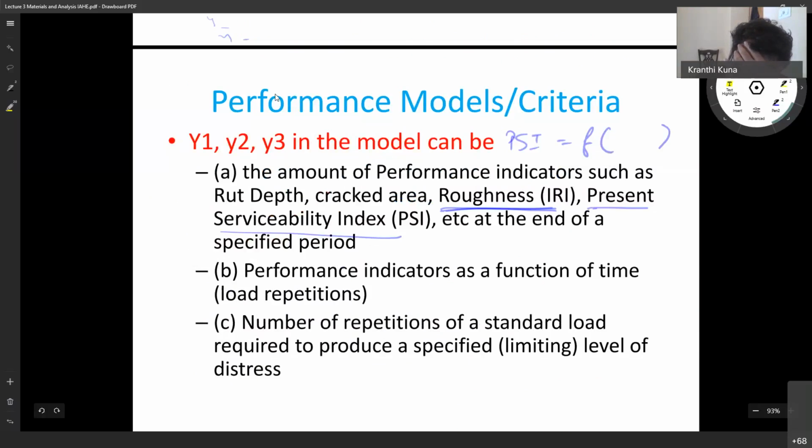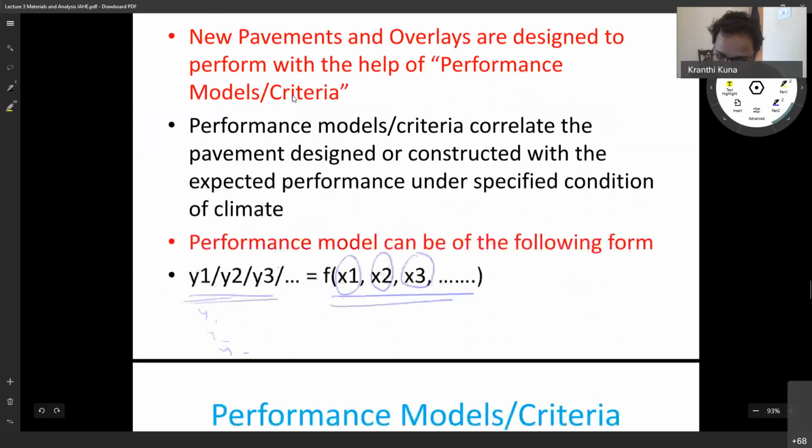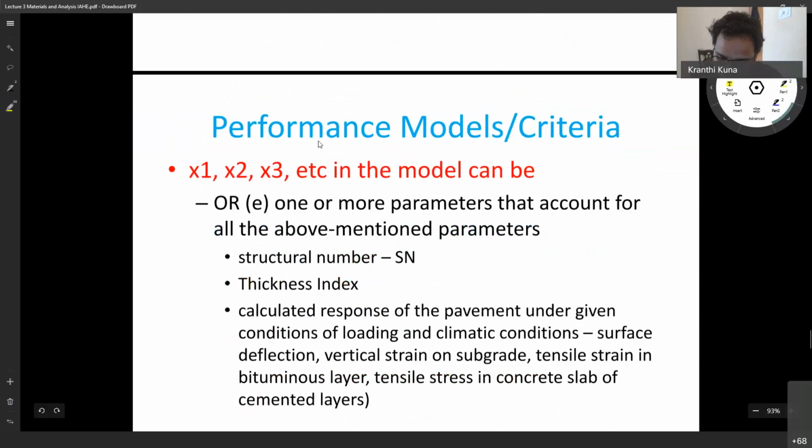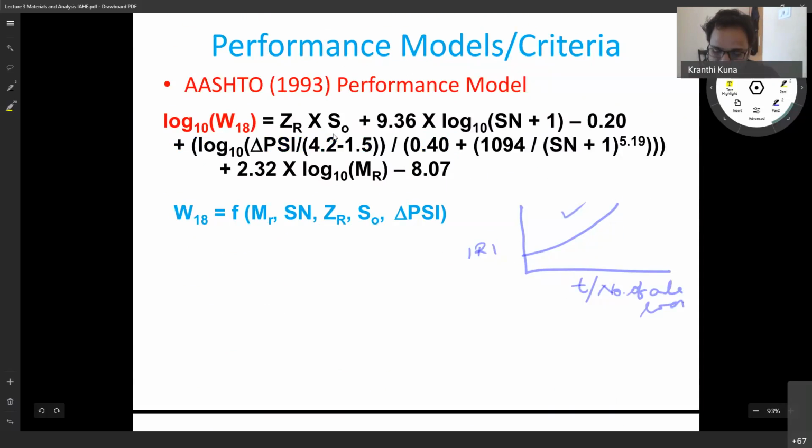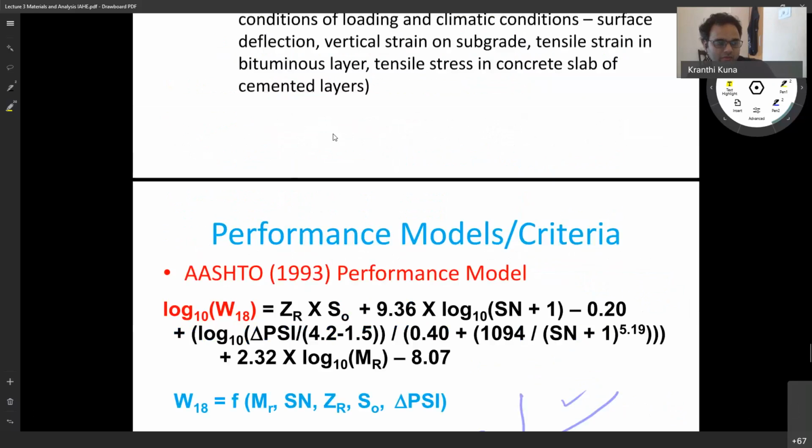Or in some cases we can have a performance indicator as a function of time. For example, IRI, International Roughness Index, which we discussed yesterday, with time or number of axle loads. We can have such performance models as well.